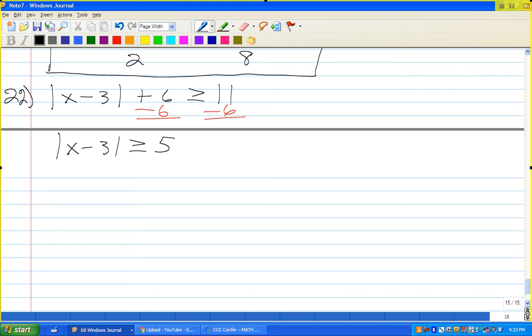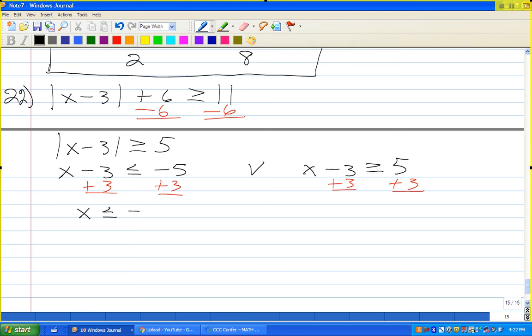So therefore, I have that x minus 3 is less than or equal to negative 5, or x minus 3 is greater than or equal to positive 5. Add 3 to both sides of my inequality to put each of these in standard form. So x is less than or equal to negative 2, or x is greater than or equal to positive 8.